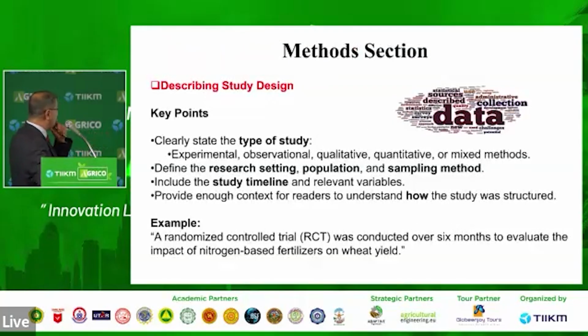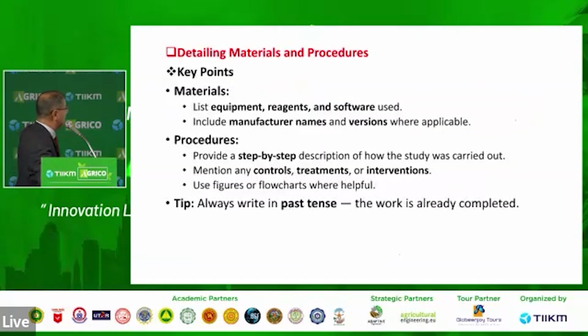For the methods section, it has to be clearly stated with all the statements that lead to the work which has been done in a clear manner, along with the experimental design used in the work.